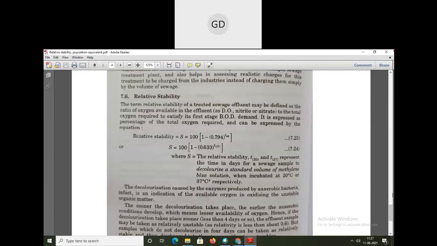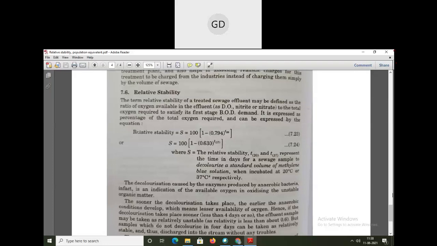While doing the test, a methylene blue solution is taken, and the time taken to decolorize it is measured at 20 degrees and at 37 degrees. So this is about relative stability.